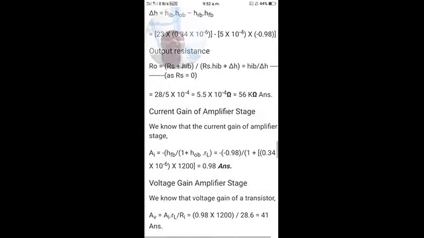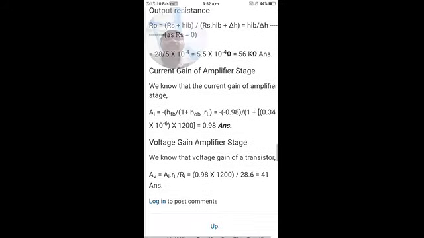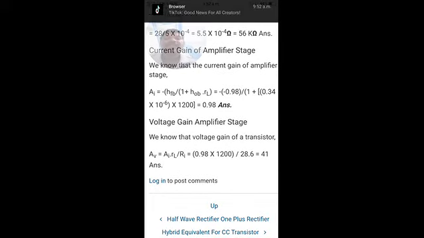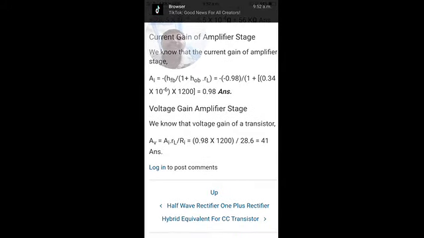Current gain of the amplifier we have already calculated, 0.98. Voltage gain of the amplifier, AV, is equal to current gain into load resistance by input resistance. Substituting the current gain, load resistance and input resistance, we can find the voltage gain AV, which is 41.